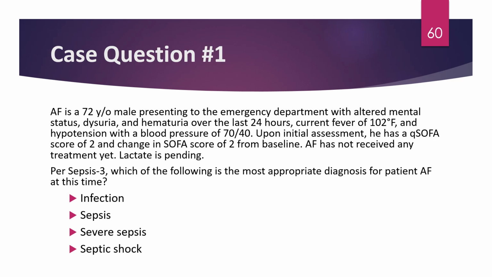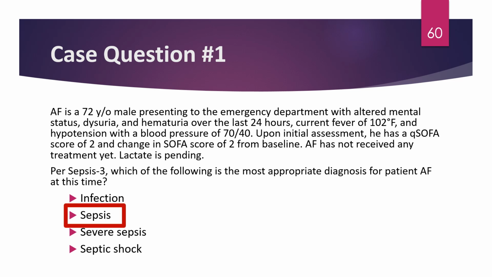So the first question related to the 72-year-old male, and we were trying to classify what his diagnostic status is regarding infection or sepsis. Based on his qSOFA score of 2 and his change in SOFA score of 2 from baseline, that would indicate that the patient has sepsis.